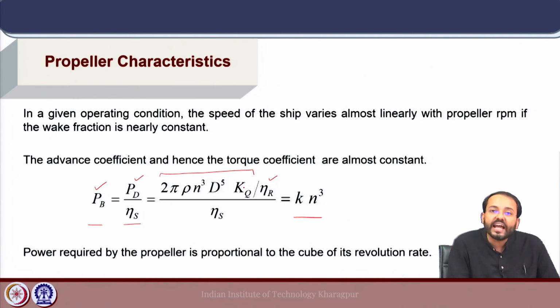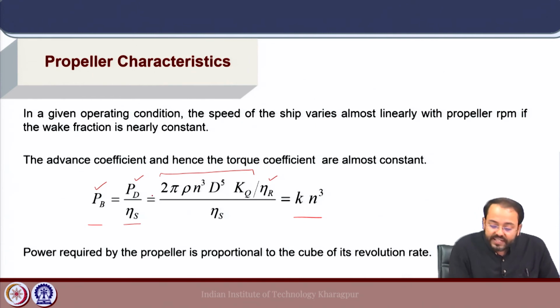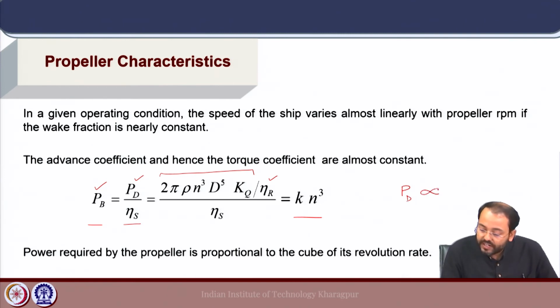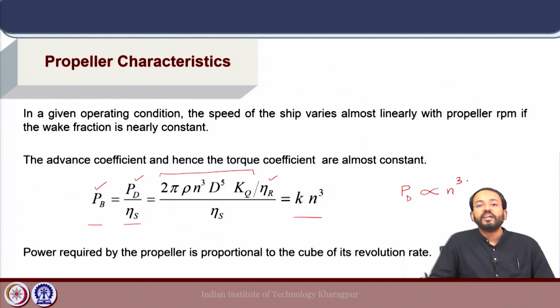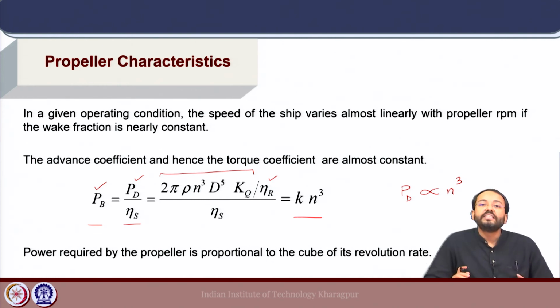Now, here we see that if kq is constant, Pd can be expressed as k n cube. So, the power delivered at the propeller is proportional to the cube of the RPM. If kq is taken as constant, the advance coefficient in that operation condition range will also be constant.